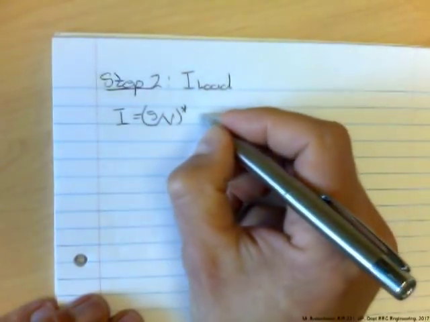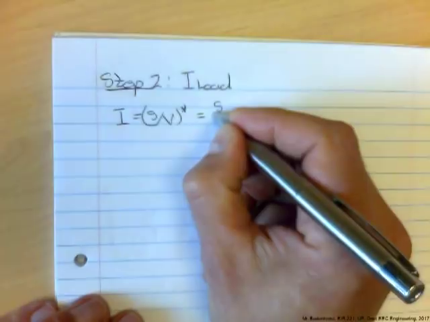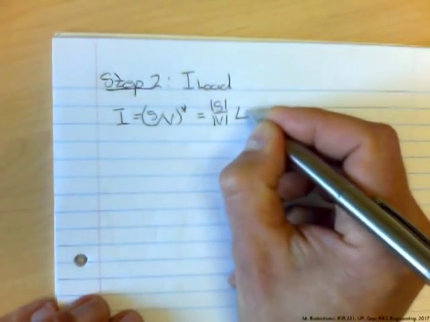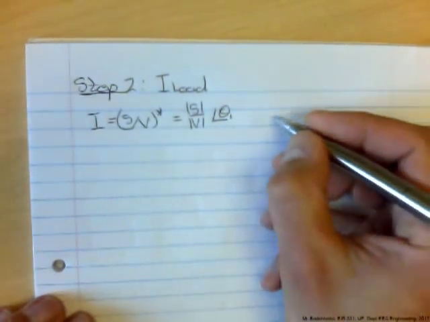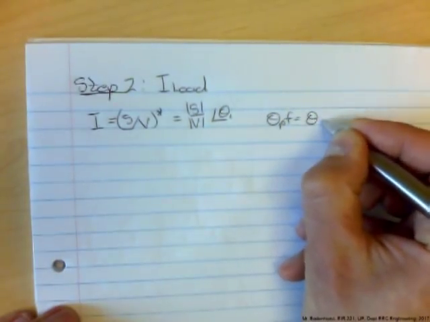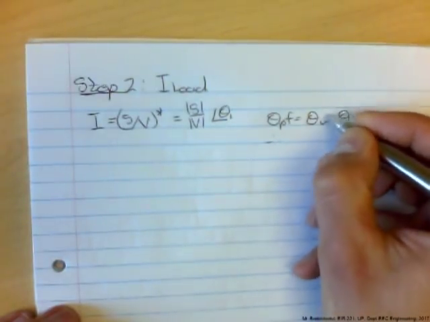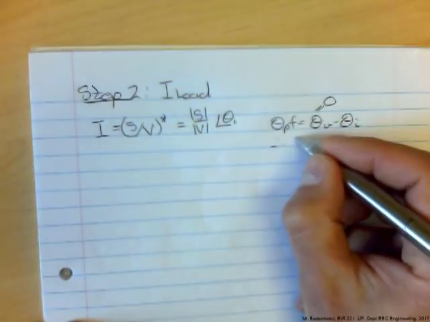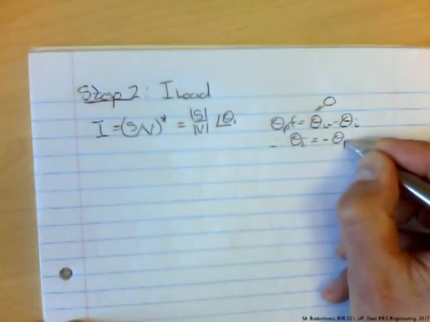In this case, if we're going to get rid of the complex, it's S over V, just the magnitudes, and then angle theta I. But remember, as we said in class, theta power factor equals theta V minus theta I. In other words, with theta V being 0, theta I equals minus theta power factor.